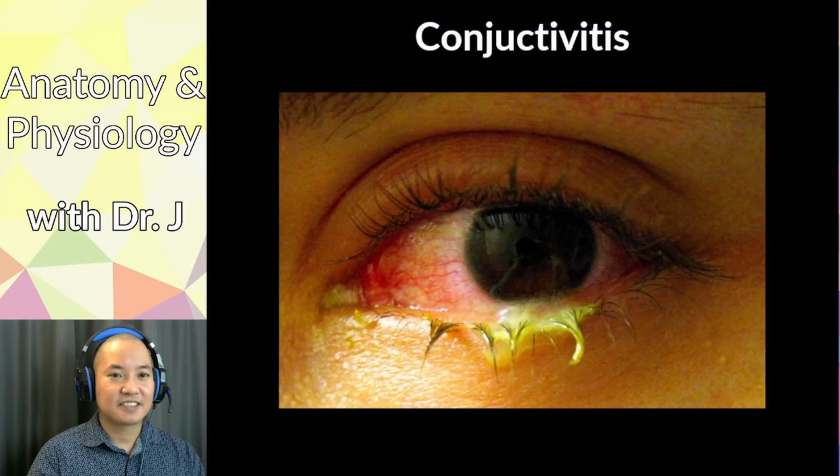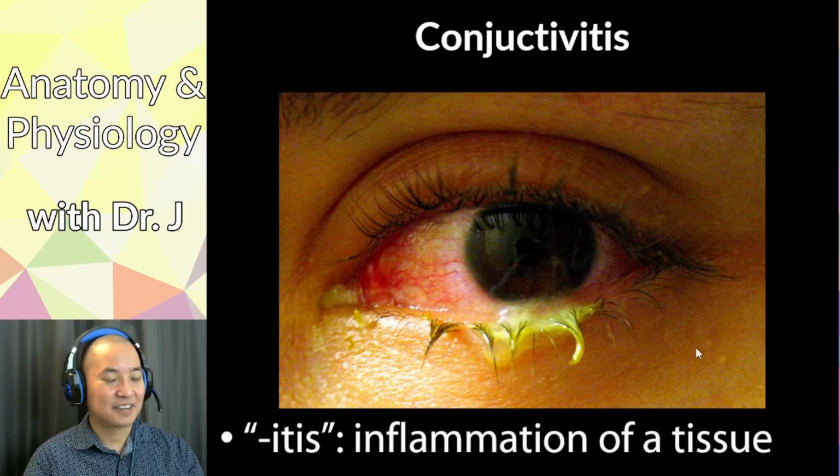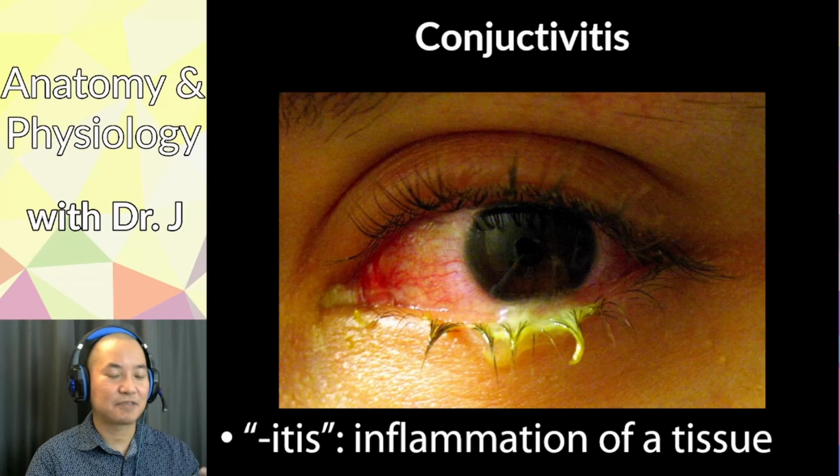Now, this is conjunctivitis, and ooh, gross, look at all this, probably some bacteria, mucus, white blood cells, and all those tears. Whenever you see that suffix itis, in its proper use, it refers to inflammation of a tissue. So here we have inflammation of the conjunctiva, and what we have is conjunctivitis.